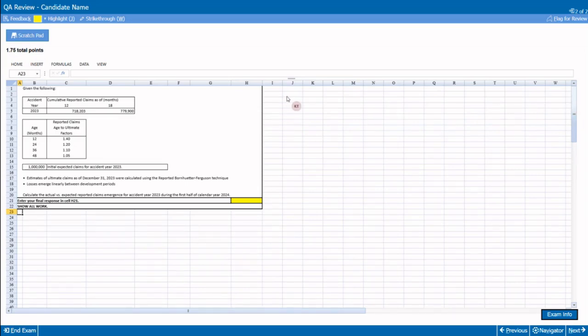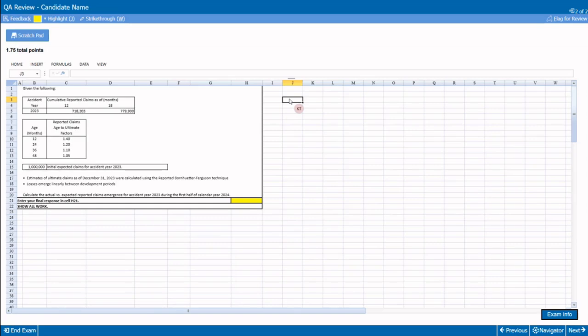So they want us to find the reported claims emergence for accident year 2023 during the first half of calendar year 2024. So I know that that's going to be the amount of development between 12 and 18 months. So we already have everything we need to calculate the actual claims emergence.